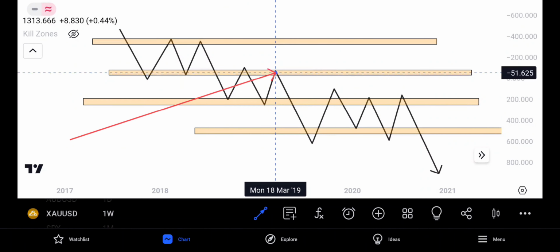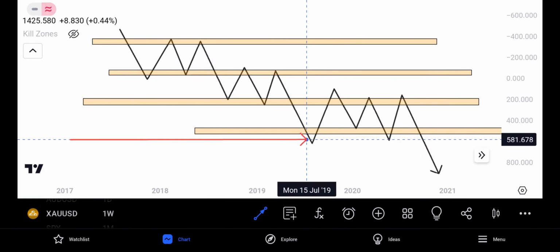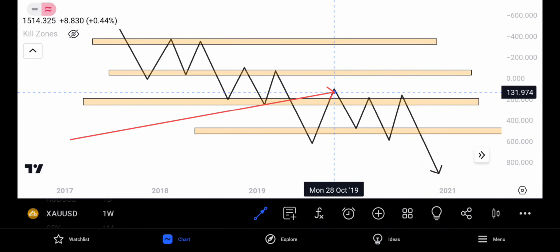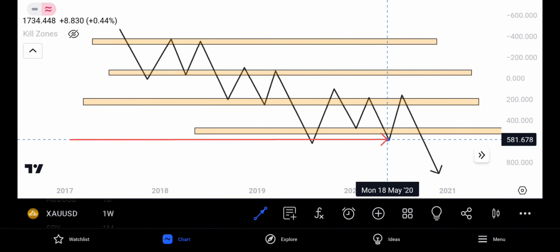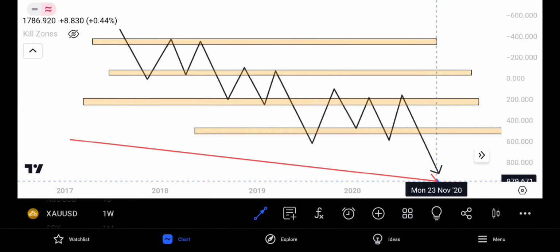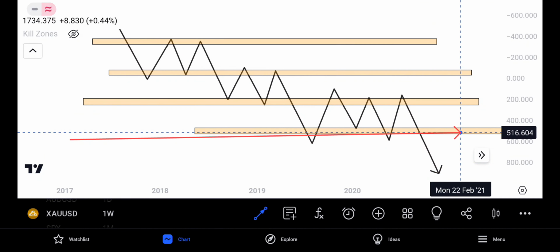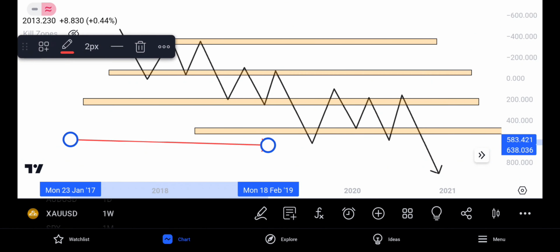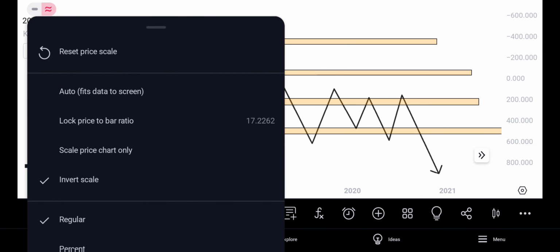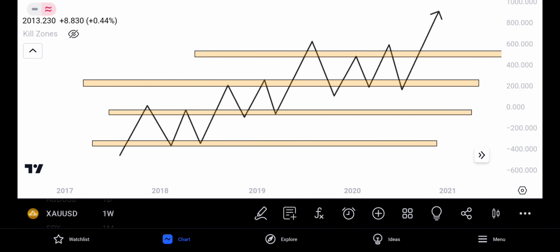You can see the range before creating lower lows, right? And you're expecting a lower high to create lower lows.